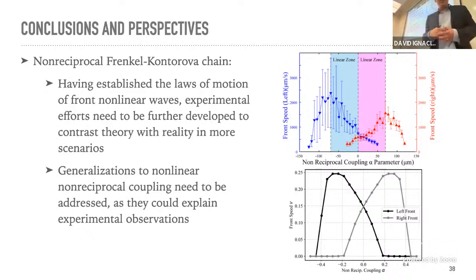Also, generalizations to non-linear, non-reciprocal coupling, because in this part of the talk I only spoke about linear non-reciprocal coupling. When you make them non-linear, it would explain the out-of-linear zone of these curves that are experimentally measured. So it's a direction in which we want to move on.